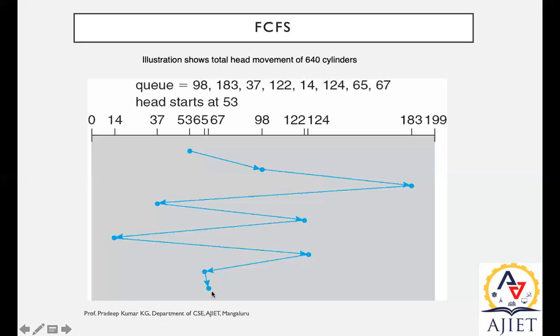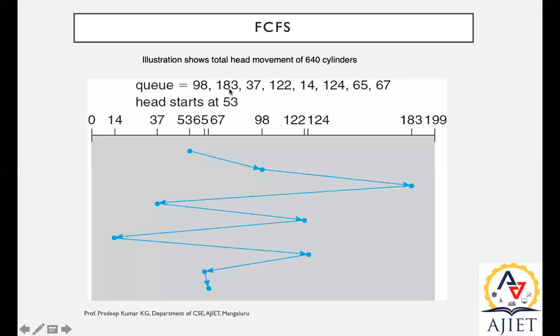What we need to concentrate on in first come first serve is that the head moves based on the entries in the queue. Consider the queue in the form of an array: based on the index, 98 is at index 0, 183 at 1, and so on up to 7. The head starts from 53, and the 0th index is visited first, so 98 is visited.